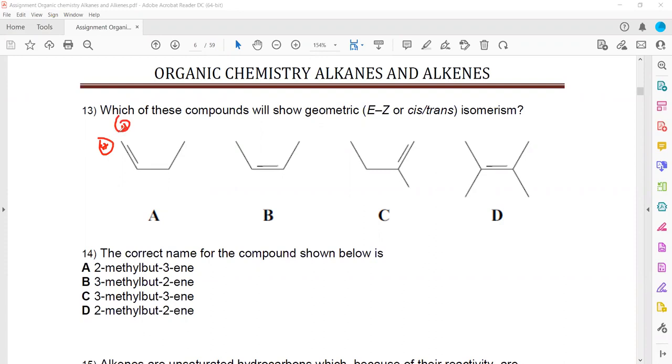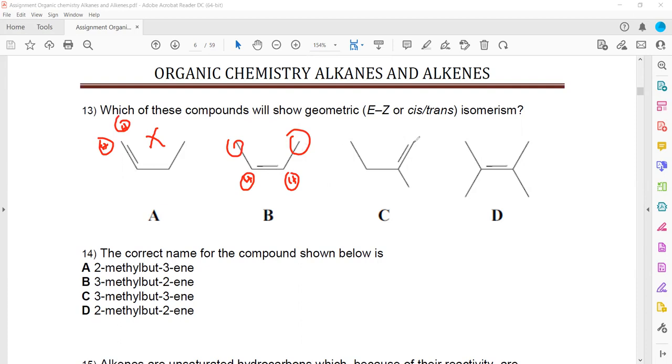So we cannot compare which one is the heavier group as identical groups are attached. So this cannot exhibit geometrical isomerism. Here, this will have hydrogen and hydrogen, and on one side a carbon chain is there. So we can compare, it can show cis and trans.